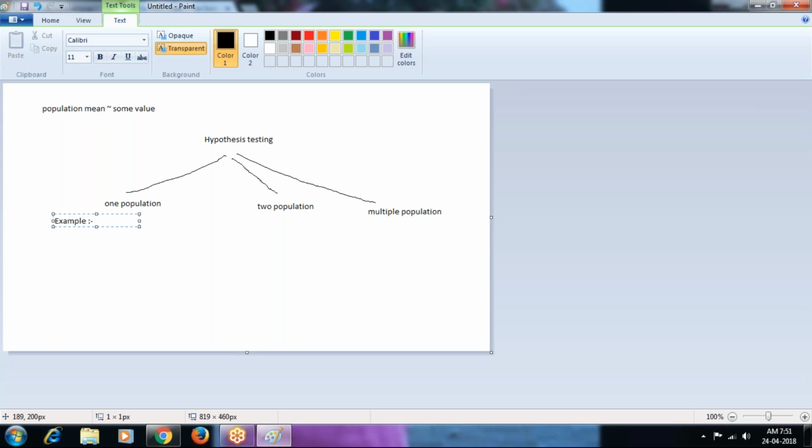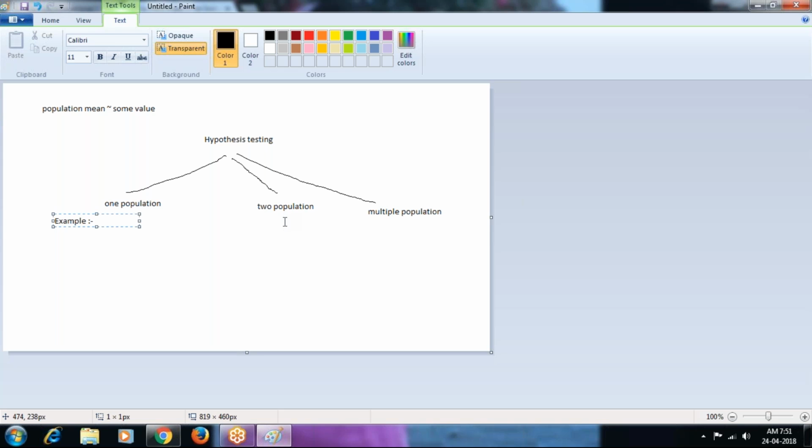But when we talk about two populations, what are two populations? When we talk about two or multiple populations, we can also have independent and dependent populations.